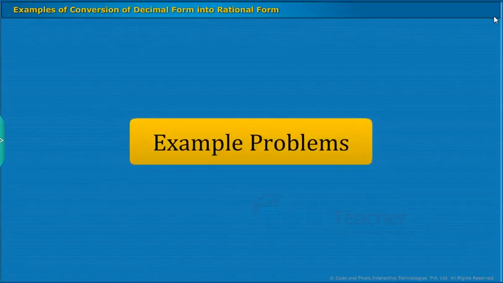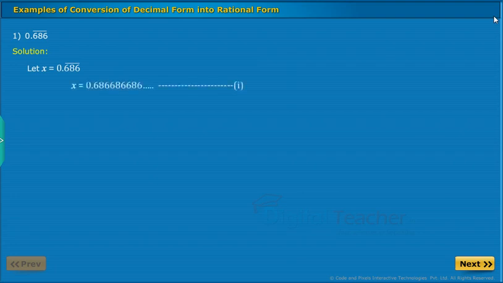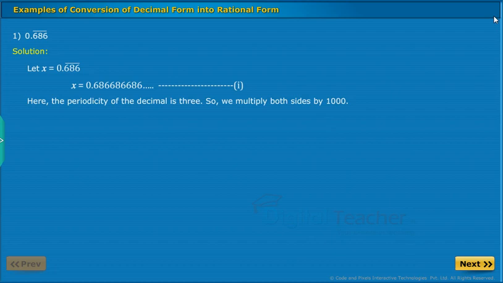Let us solve some example problems on conversion of decimal form into rational form. 0.686 bar. Solution. Let x equal to 0.686 bar, which is represented as equation 1. Here, the periodicity of the decimal is 3.